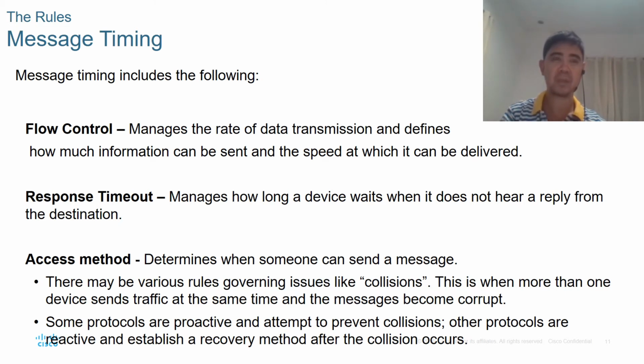Response timeout. For example, my computer, say computer A, pings computer B. It says, "Hey, computer B, are you there?" It shouts to the network, "Hey, computer B, are you there?" Computer A will wait for a reply coming from computer B, and it has an expected time, which is the time that B should reply.